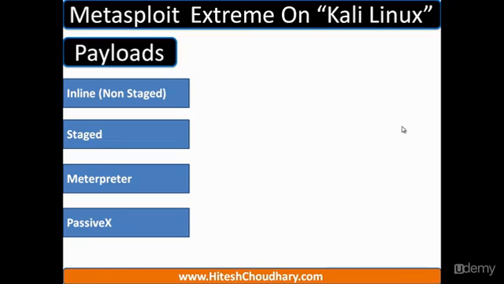After that we have PassiveX. PassiveX is a payload that can help in circumventing restrictive outbound firewalls. It does this by using an ActiveX control to create a hidden instance of Internet Explorer. It's really useful when firewalls are blocking connections. After that we have NoNX.